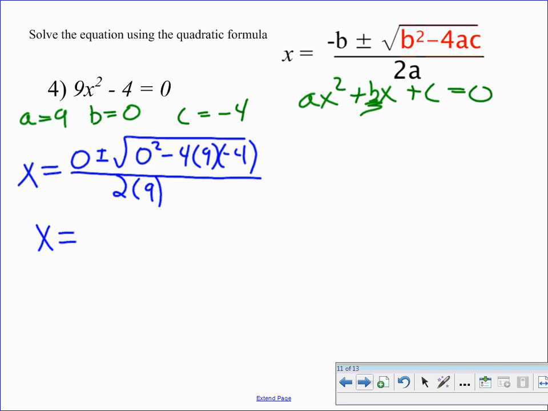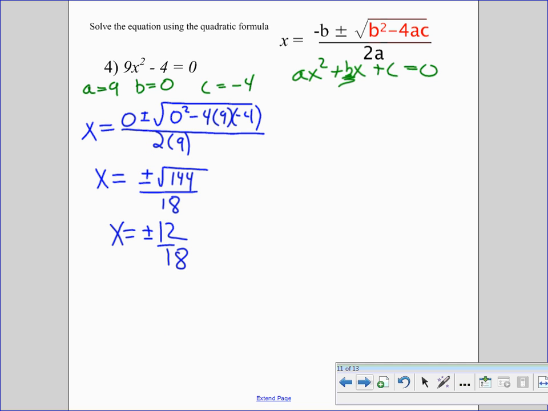And what we'll get is plus or minus the square root of 144 over 18, or plus or minus 12 over 18. And then we reduce the fraction, we'll get x equals plus or minus, top and bottom are both divisible by 6, 2/3.